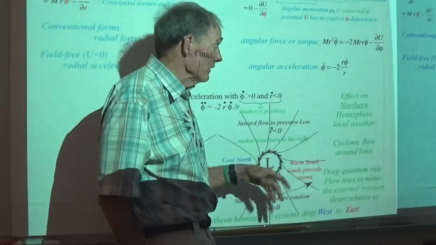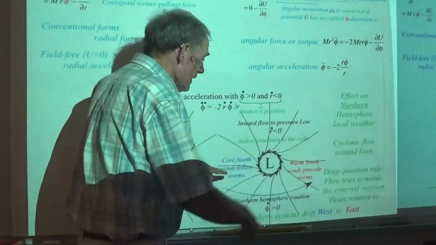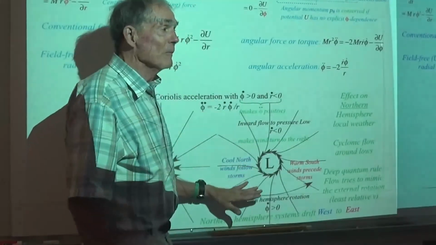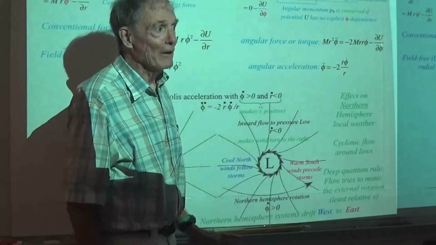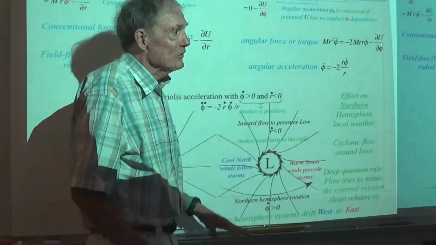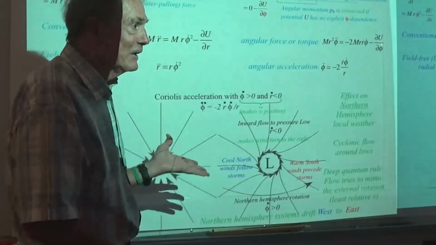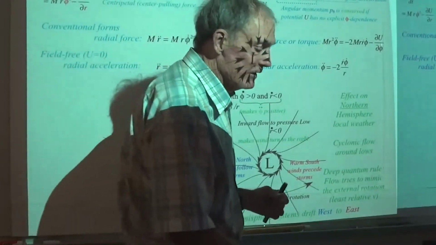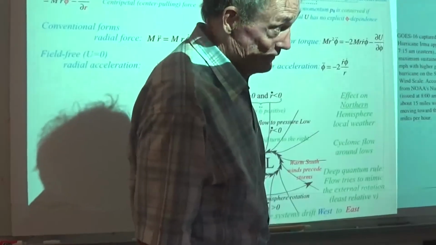When the storm gets here, you're going to see the wind shift, and as it goes away, you're going to feel a nice cool breeze from the north and clear air usually. Okay, so that's just an ordinary weather system. This hurricane is an extreme case of that. Very extreme. I mean, that extreme.